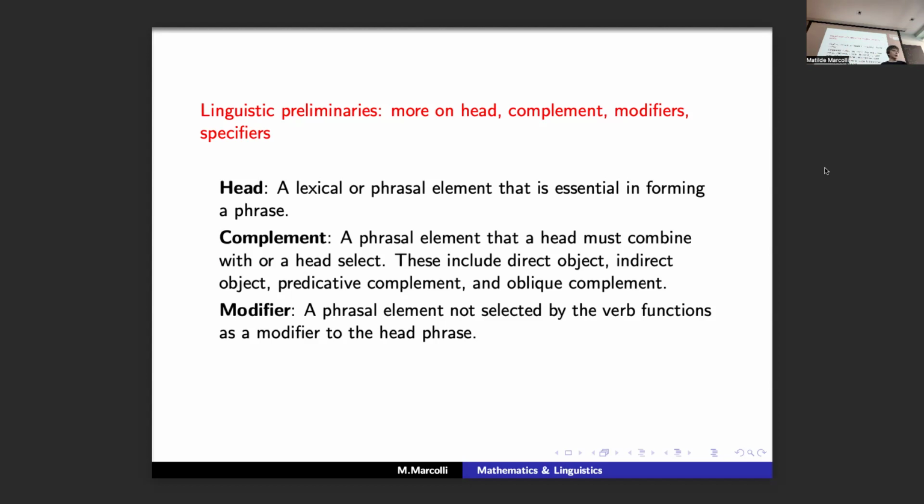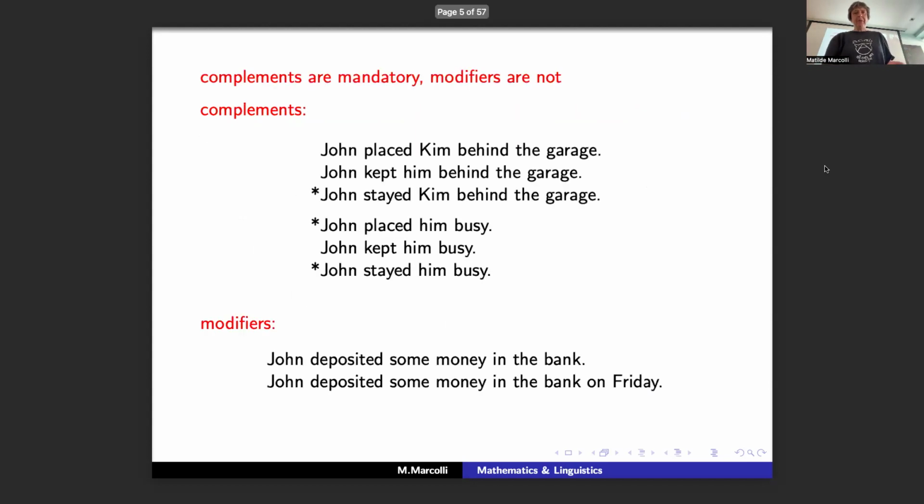So they're optionally there, and the structure could still be standing without them. Like, you can remove an adjective, a noun, 30 minutes, or an adverb. So these are simple examples, right? I usually mark with a star examples of sentences that are not well formed.